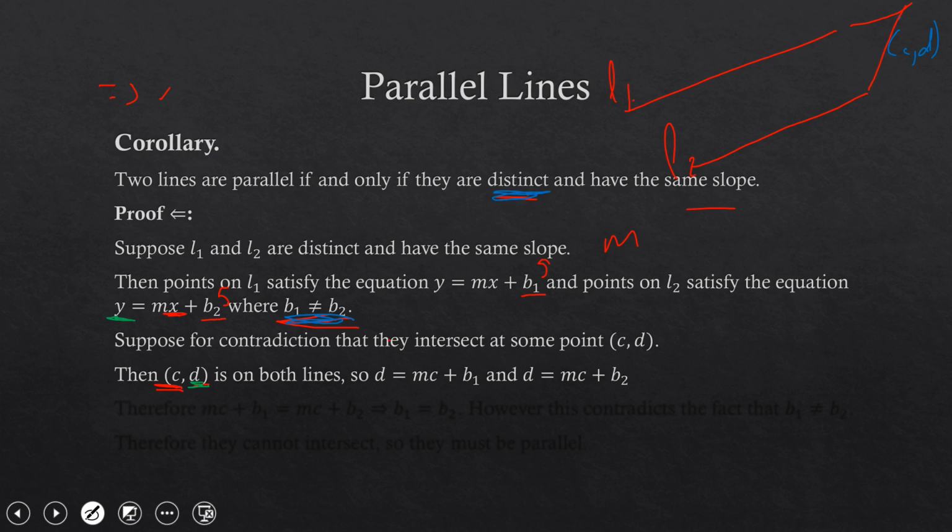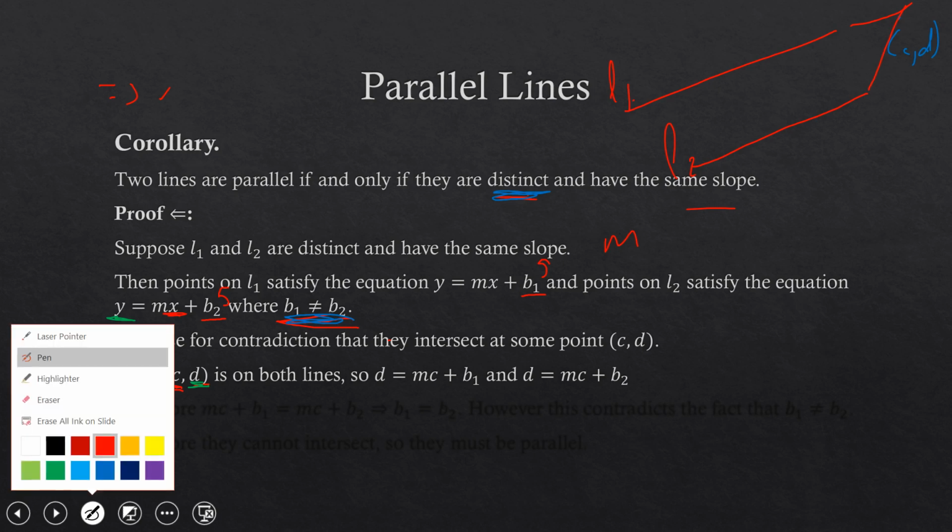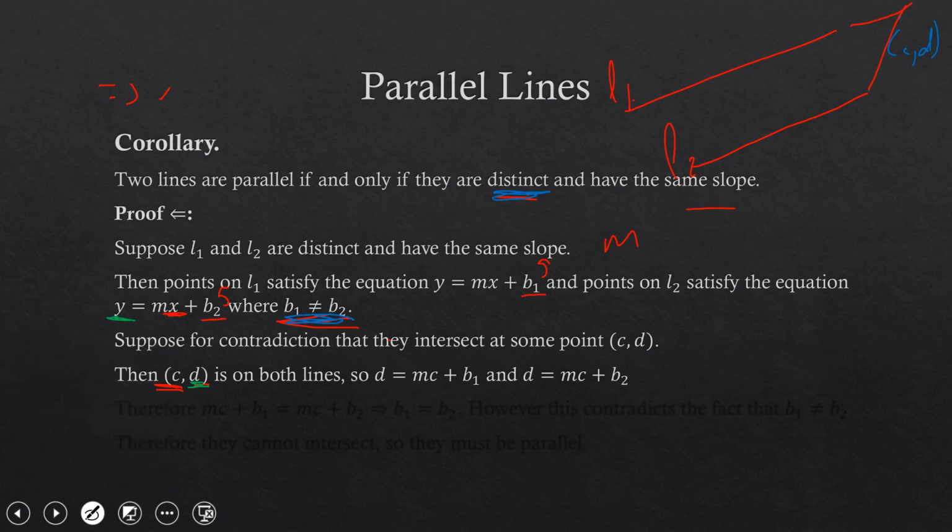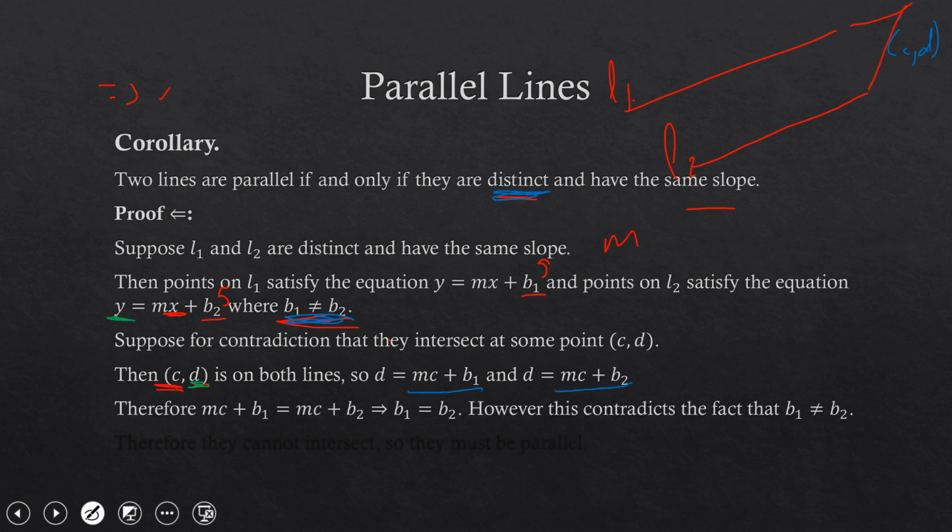So that means d equals mc plus b1, and d equals mc plus b2. And so we can see now that this here equals d, and this equals d. So it says mc plus b1 equals mc plus b2.